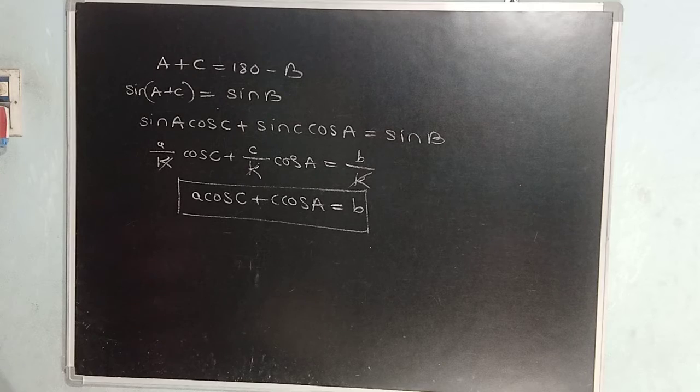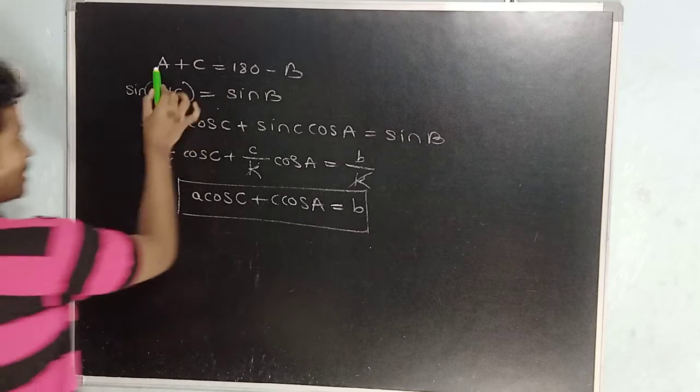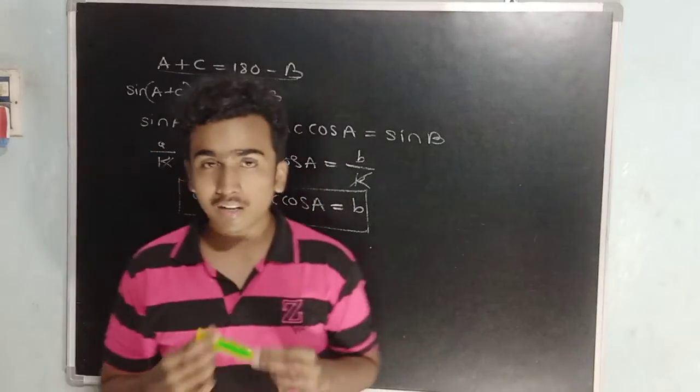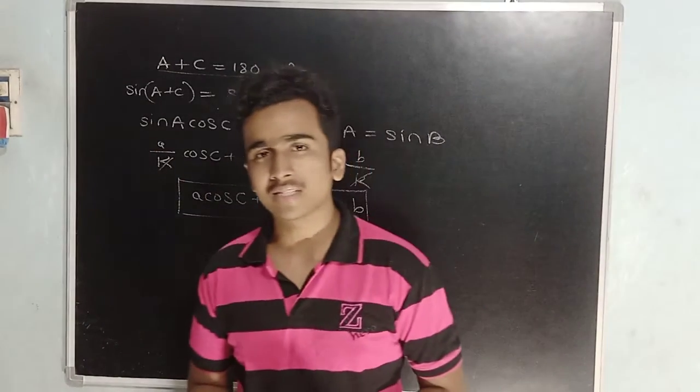Okay. This concept, the sum of angles in a triangle is 180 degrees, is a concept from lower classes.